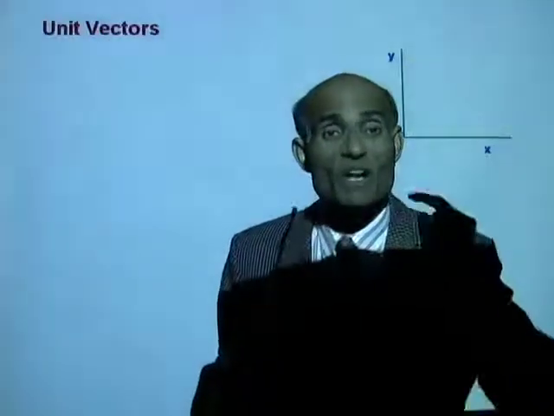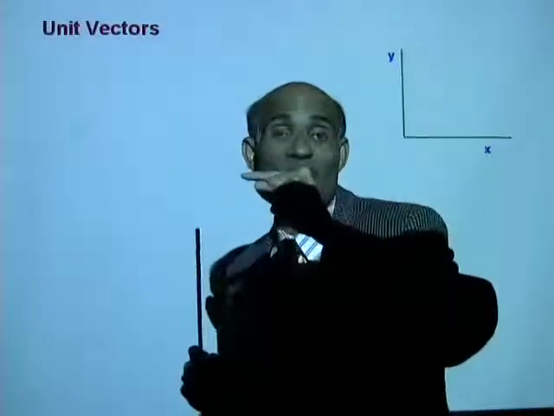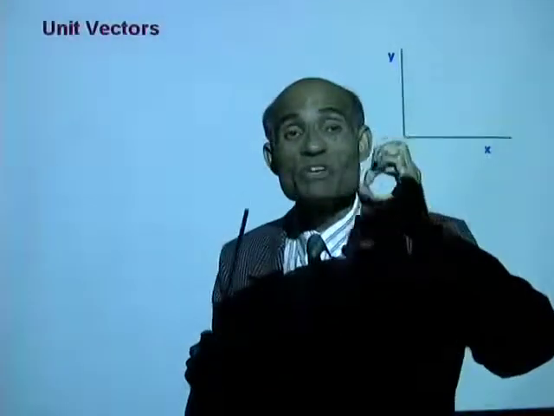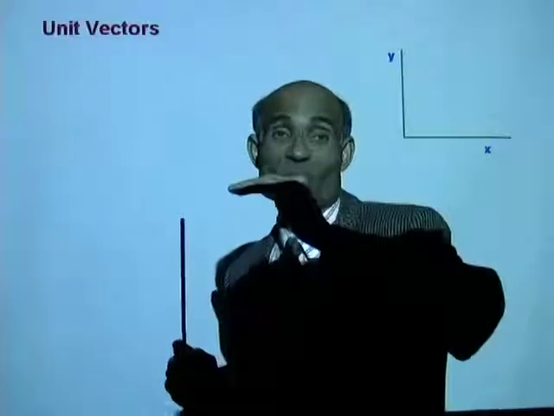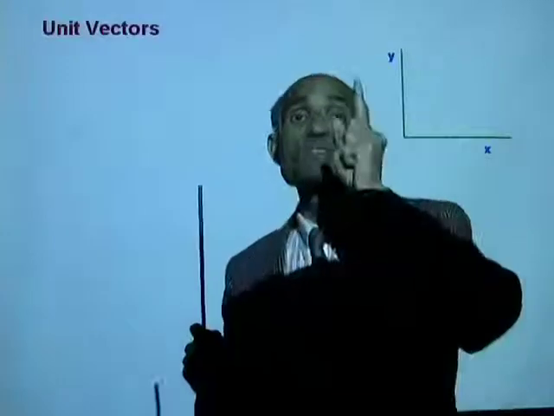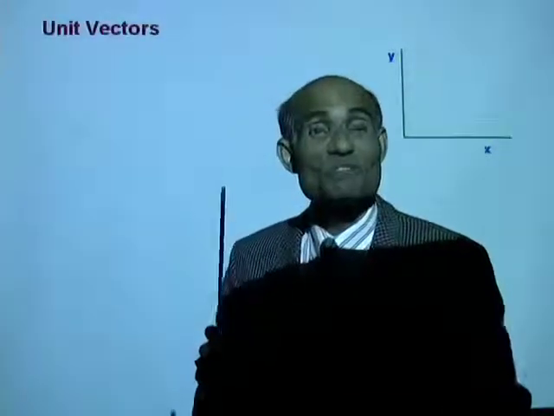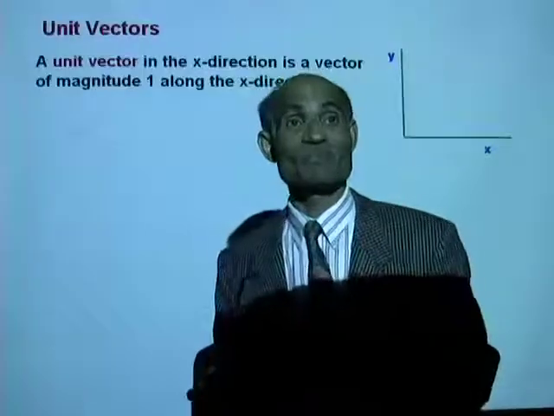So if you now take the x direction and the y direction, we can have a vector of magnitude 1 unit along the x-axis. That will be a unit vector in the x direction, and a vector of magnitude 1 unit in the y direction. That will be a unit vector in the y direction.